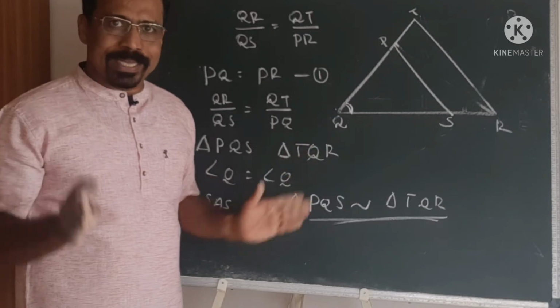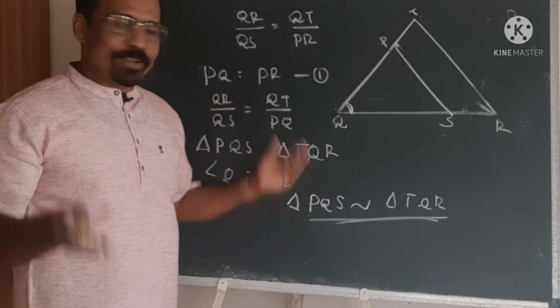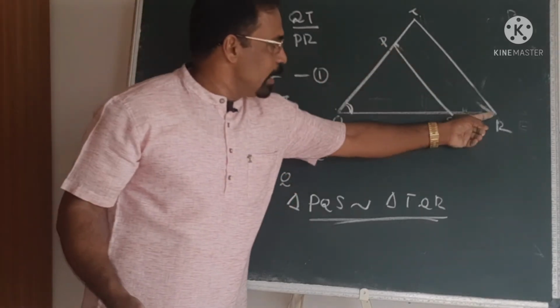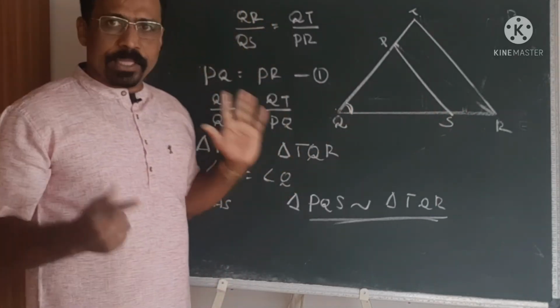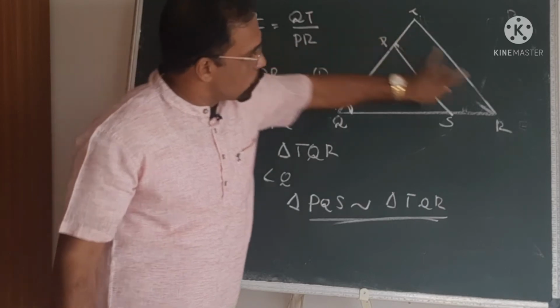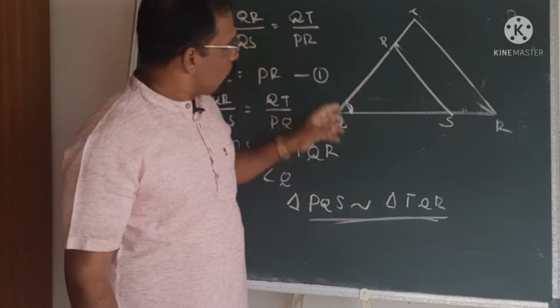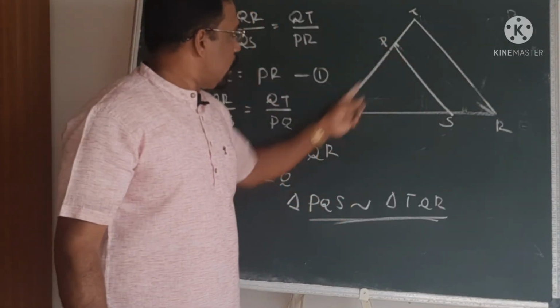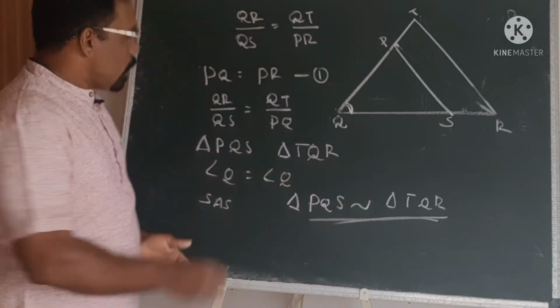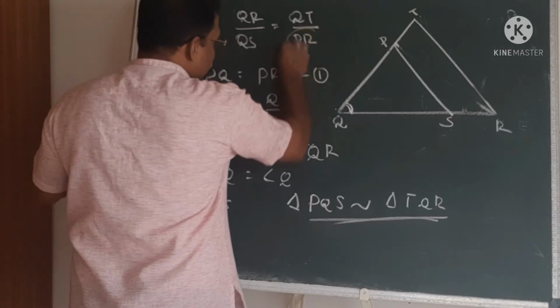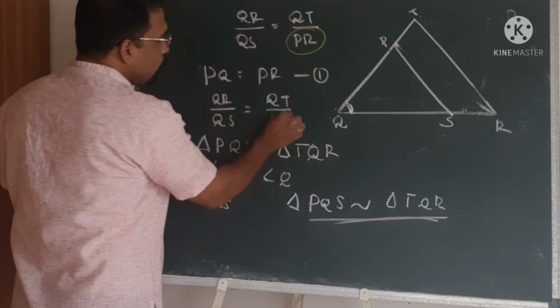Now let us have a quick recap. What was given to us was that this angle is equal to this angle. We know that is possible when PQ is equal to PR. So we got PR and PQ. This ratio was already given to us. Now, instead of PR, we have written PQ.